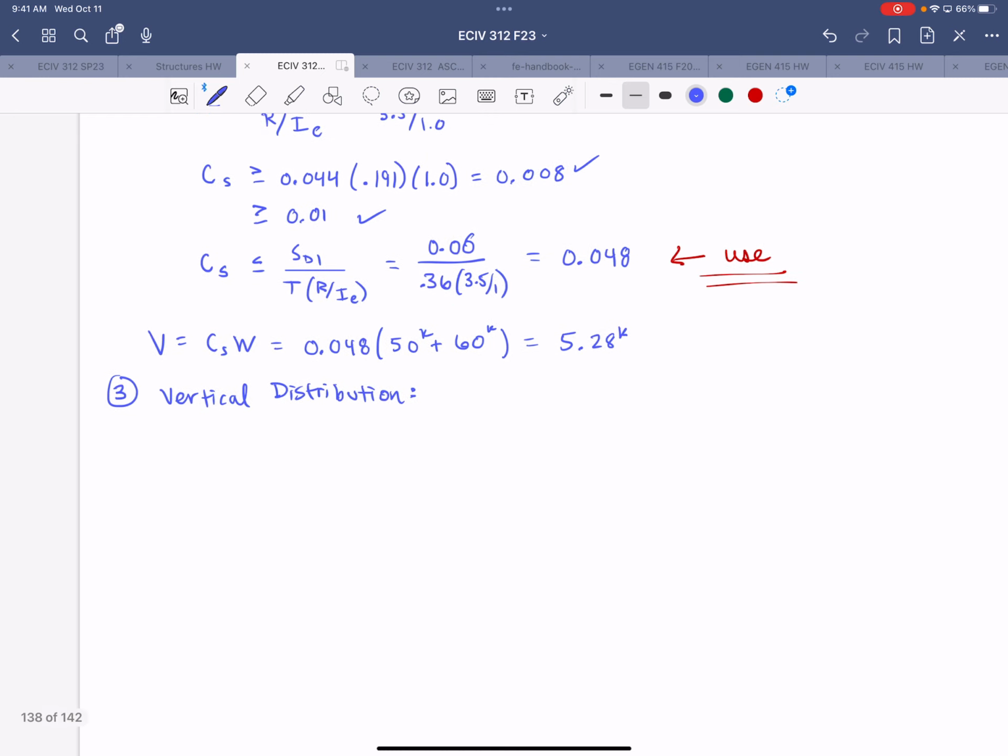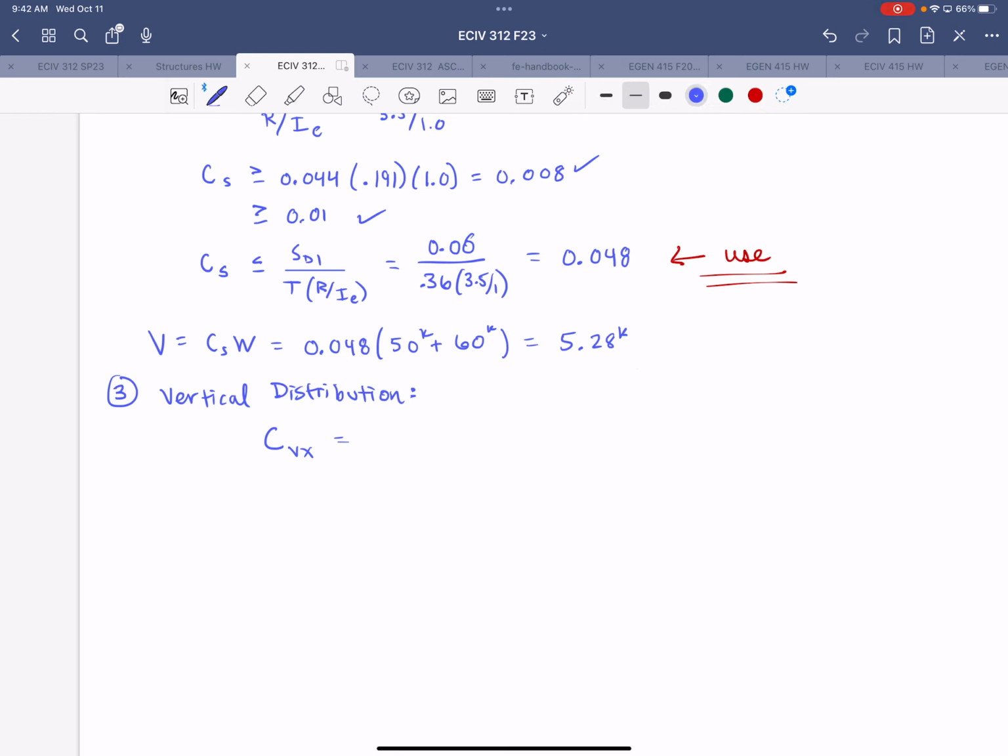All right, so the new calc that we need is for this CVX factor. This is going to determine what portion of the base shear gets applied to each level.